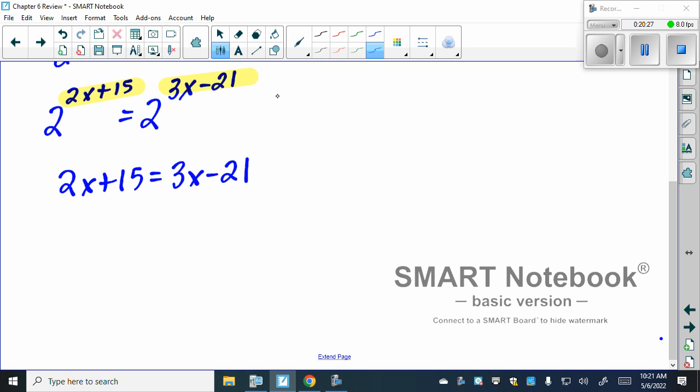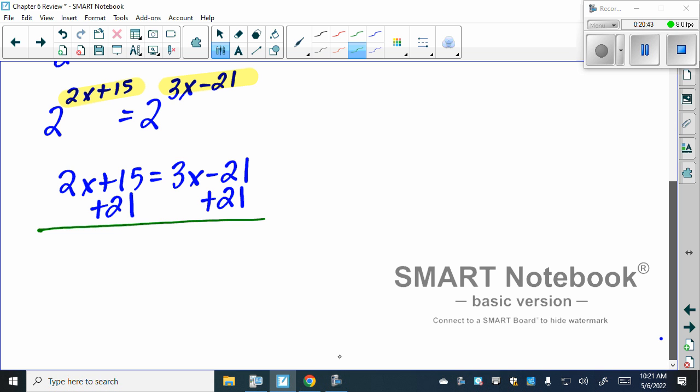So what can we do first? We can do both. Not at the same time, but subtracting 2x would work, or we can add 21. So I'll add 21 here.